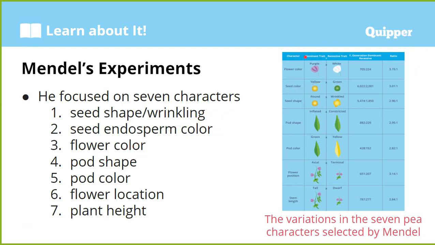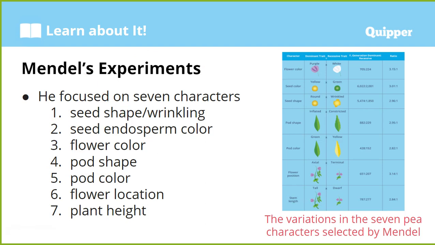We have pod color. It can be green and yellow. We have flower location or flower position, which can either be axial, meaning along the axis merong flower, and terminal, meaning at the end point of the branch. Next, we have plant height, which can either be tall or dwarf.